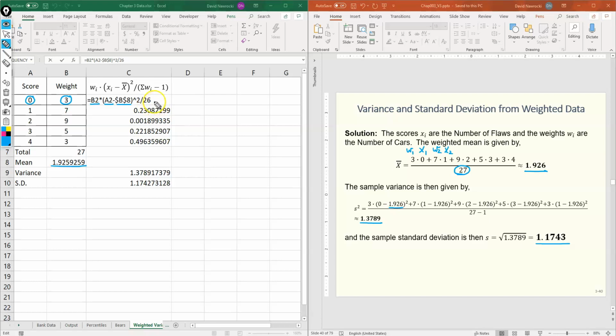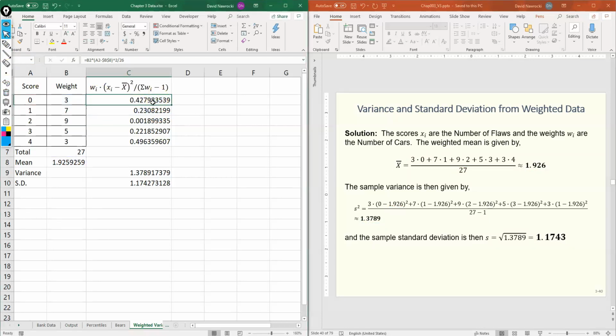Now what we have to do is just copy that down. So now once you have that typed in, that formula, you can just grab the fill handle, copy it down. Okay. And then what we have to do is sum all of these numbers up, add them all up.